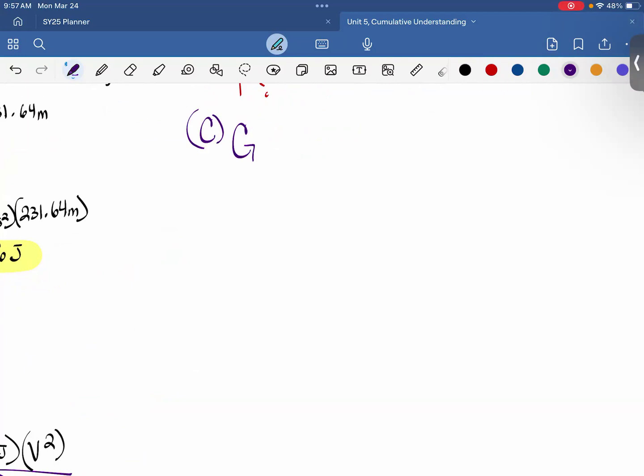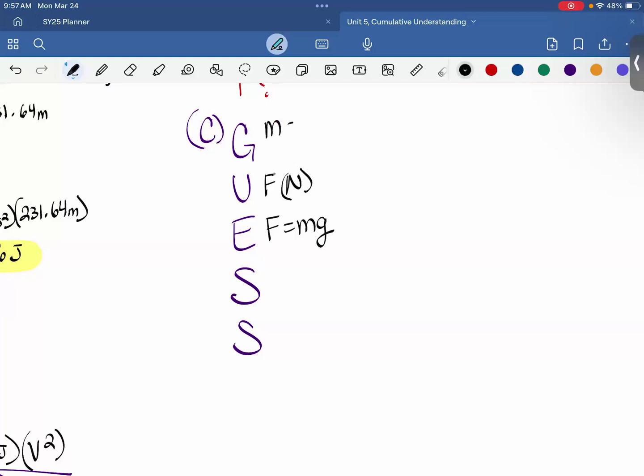So we're going to have to do two calculations here. The first one being to solve for force, using our force is equal to mass times gravity equation. Using that same mass we've been using this whole time, 24,000 kilograms, and then gravity is a constant 9.81 meters per second squared.